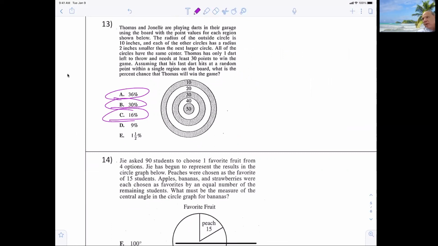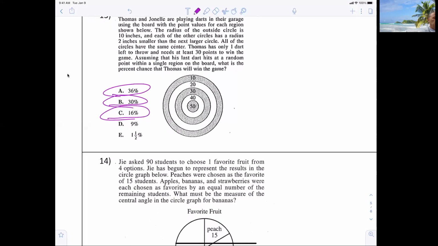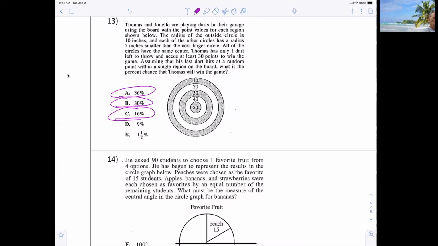Does everybody agree it's increasing by 2, right? I know from here to here, the big circle has a radius of what? 10, right? How many points do I need? 30. So that means I have to hit somewhere in here.